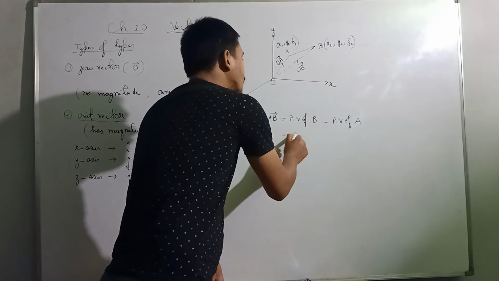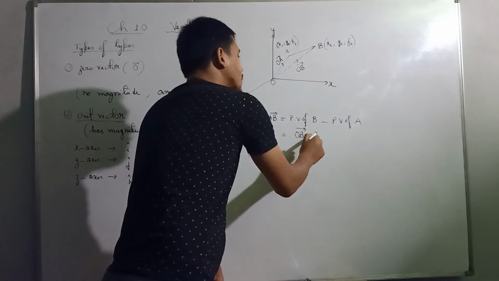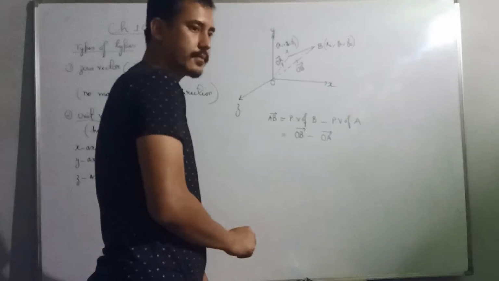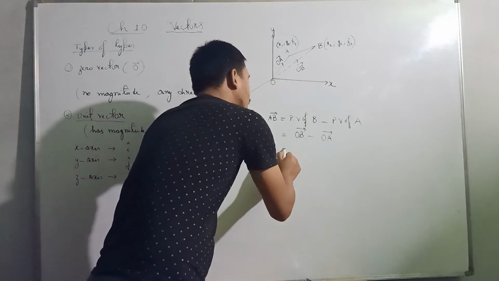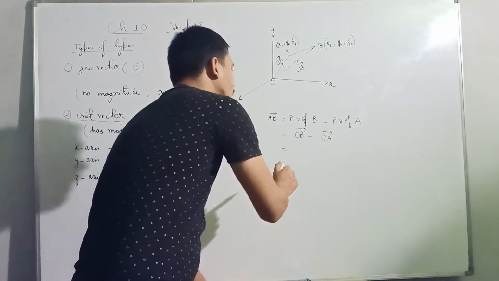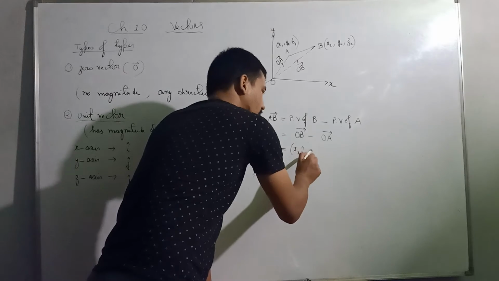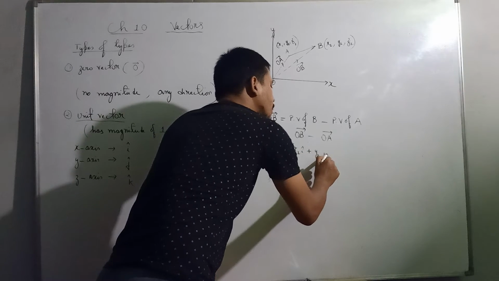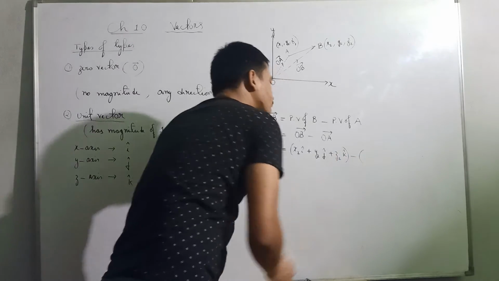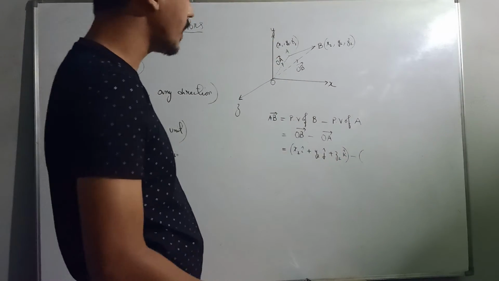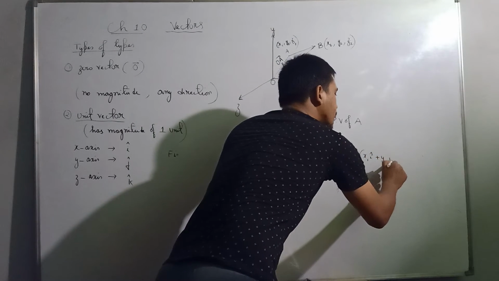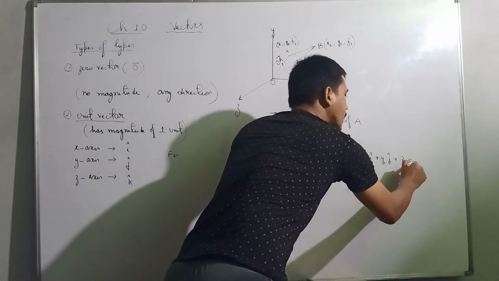Position vector of B means vector OB. Position vector of A means vector OA. Okay? What will be your vector OB? x2 i cap, component of a vector, right? Plus y2 j cap plus z2 k cap minus, what will be the position vector of A? x1 i cap plus y1 j cap plus z1 k cap.